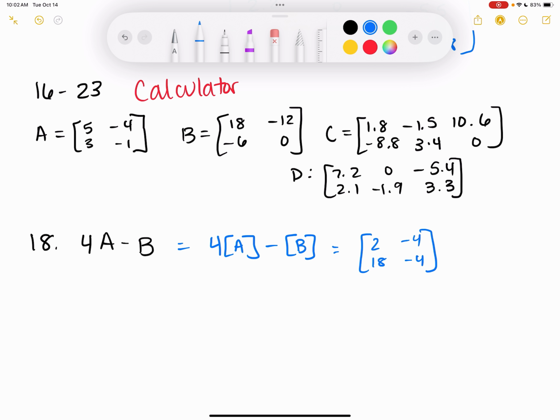It'd be 12 plus 6, which would be 18. Bottom left of A should be 3. You might have plugged them in wrong.